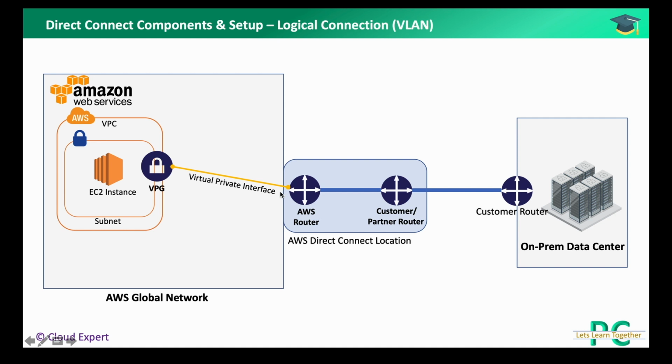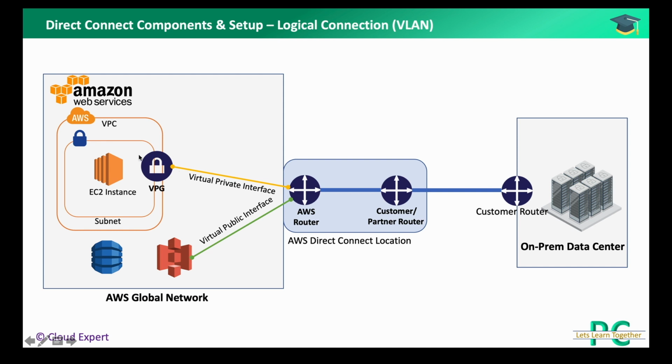On the other hand, if you would like to connect with DynamoDB or S3 from your on-premise data center over this physical connection, and you don't want to go to the internet, since these are public offerings and you will connect with a public IP address, you need a virtual public interface. So please mind this difference.